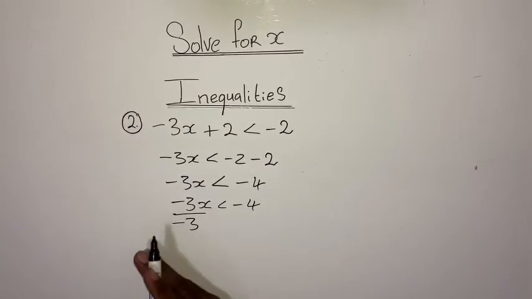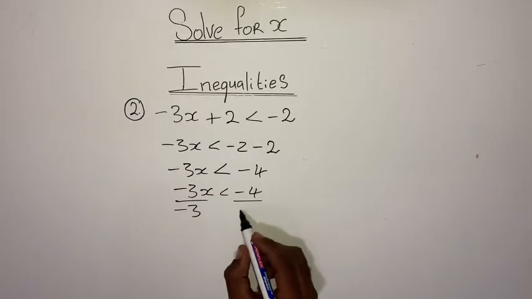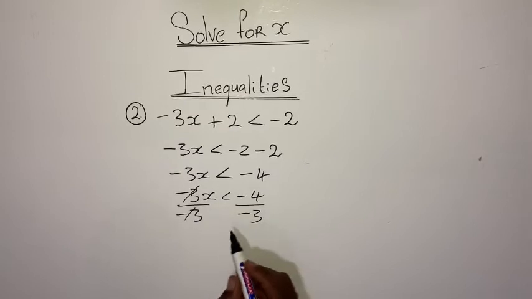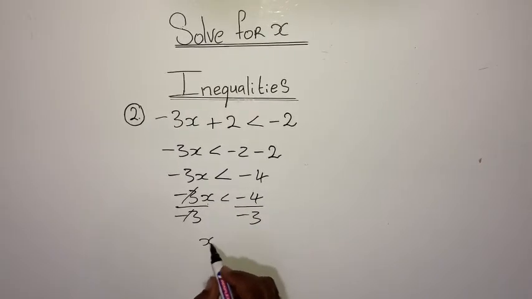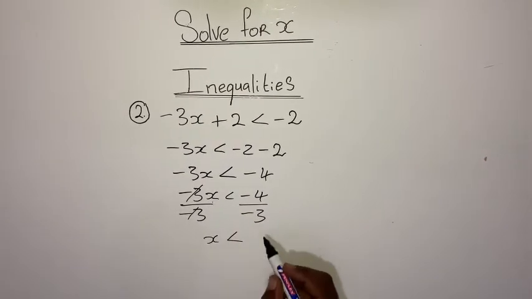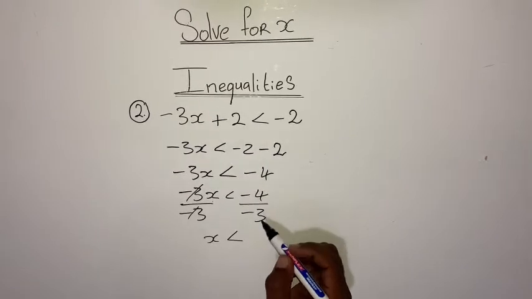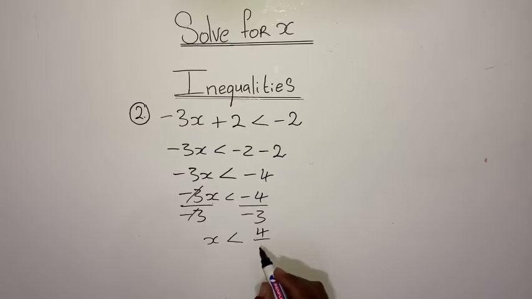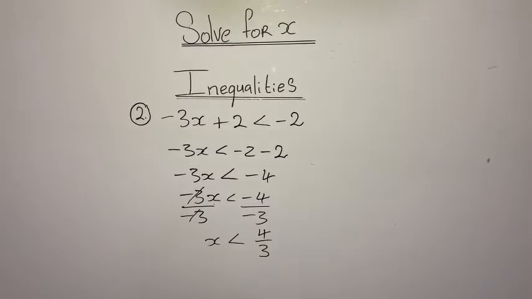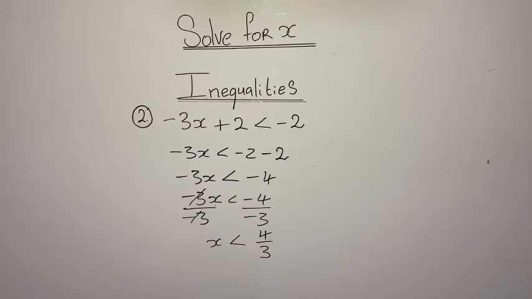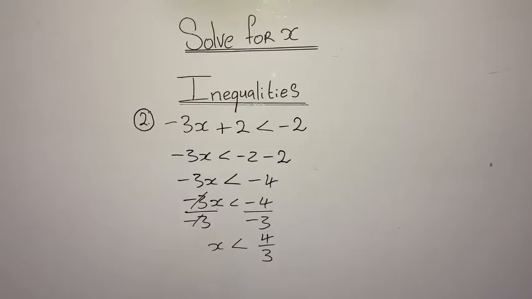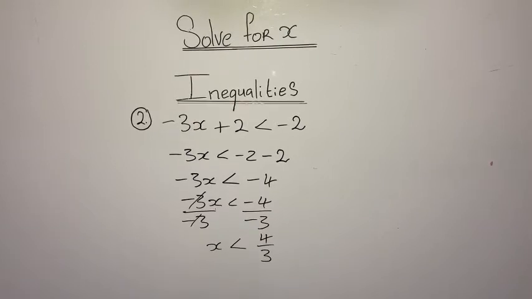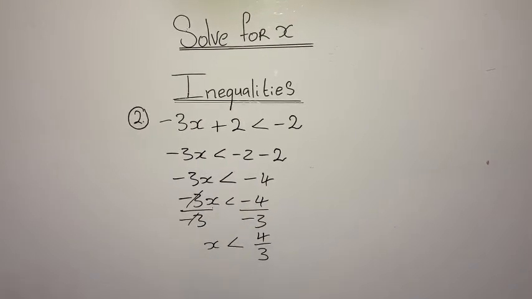Then what you do on the left, you'll have to do on the right. Negative 3, then a negative 2 will cancel negative 3. This side will remain with x being less than negative divided by negative, we get a positive, which will be 4 over 3. So that will be our answer, x being less than 4 over 3. Yeah, then we'll go on to look at our next sum, the third sum.